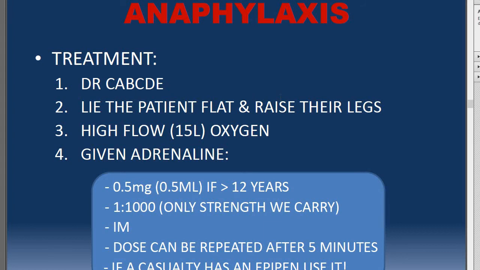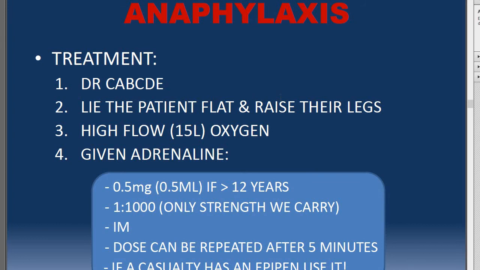And then give adrenaline. This is an intramuscular injection, and we give it at the dose shown there. But have a look at your medication. You always check the dose before you administer it. And you can repeat the dose after 5 minutes if there's no improvement, or there's improvement but then symptoms worsen again. If a casualty has an EpiPen, use it.